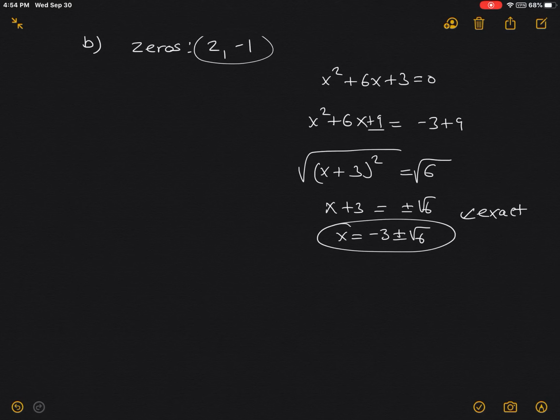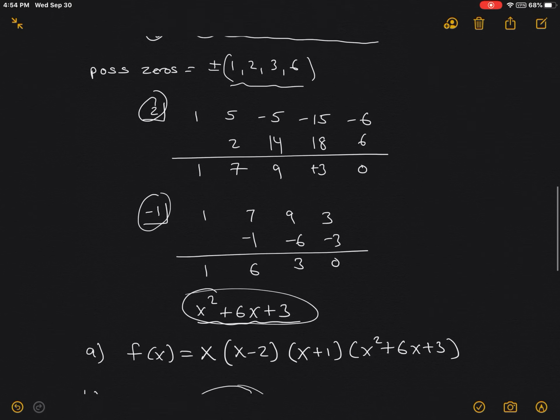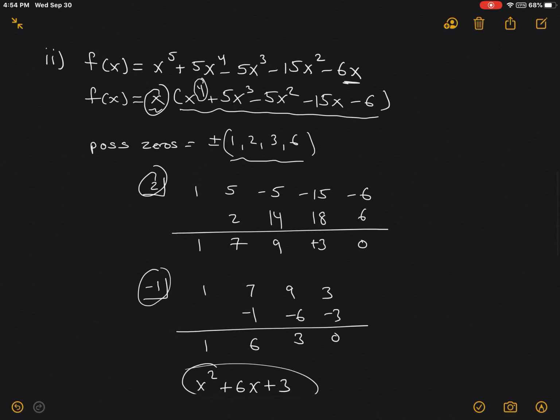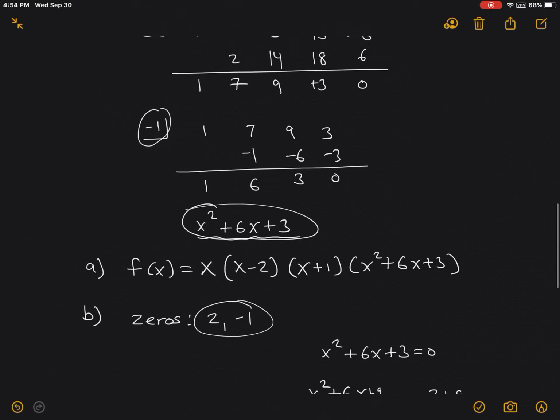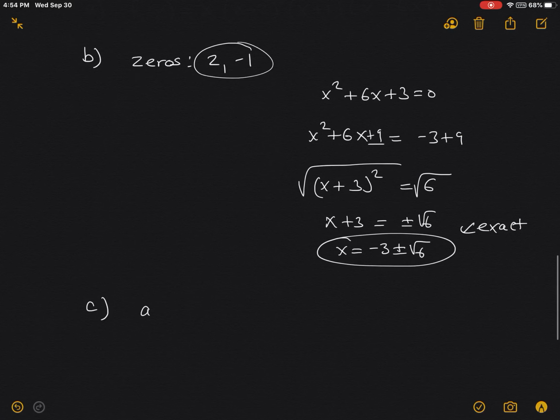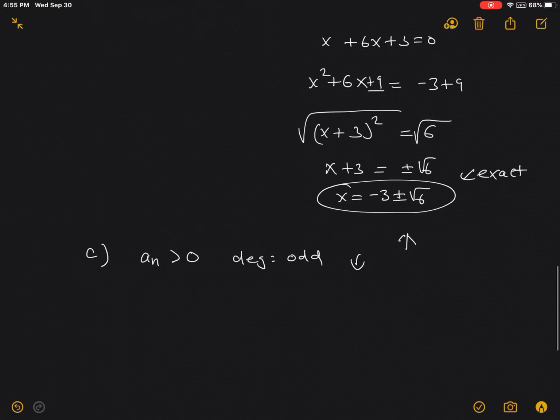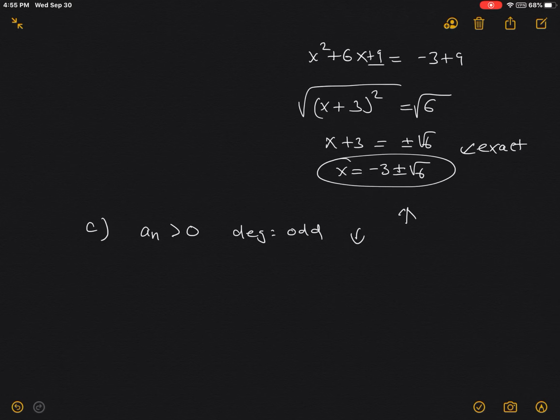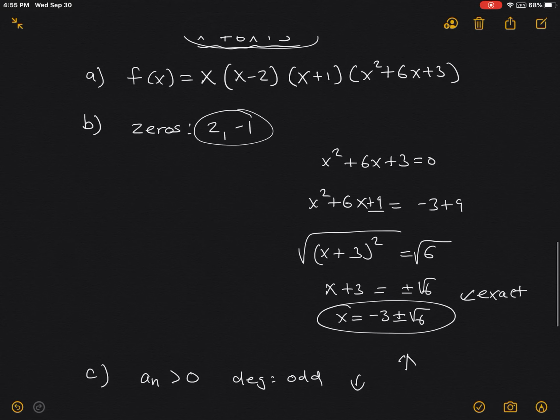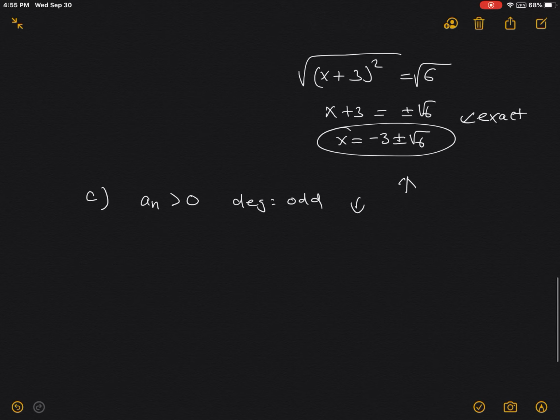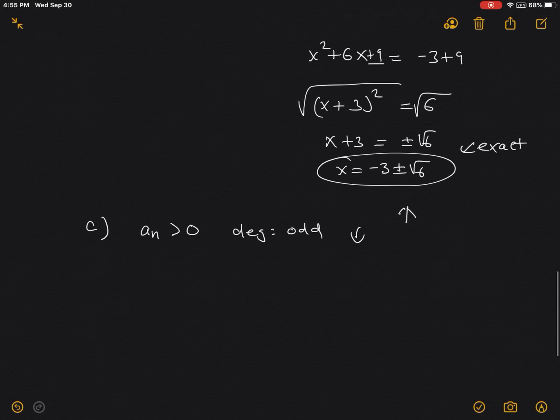And then last but not least, you can do a little sketch over here. The leading coefficient in this case is a positive number, a sub n is positive. Your degree is 5, which is odd. So it's going to fall on the left, rise on the right. And if you're wondering what these zeros are, we have zeros of 2 and -1.